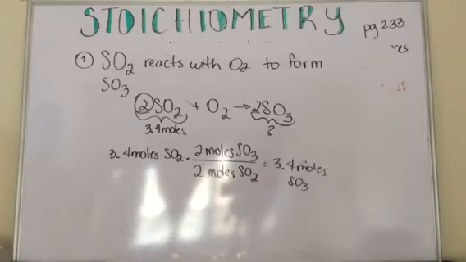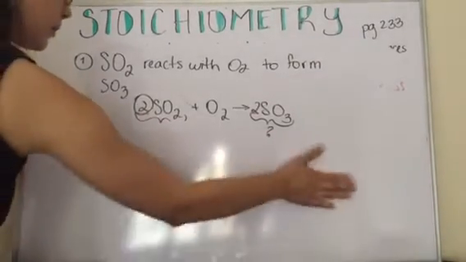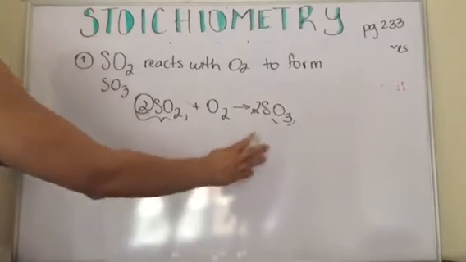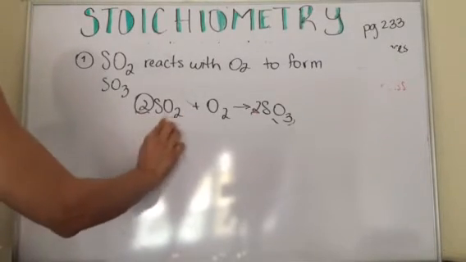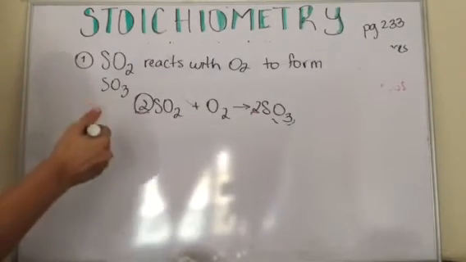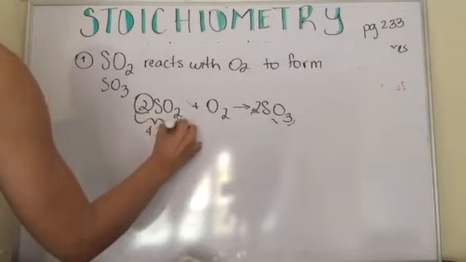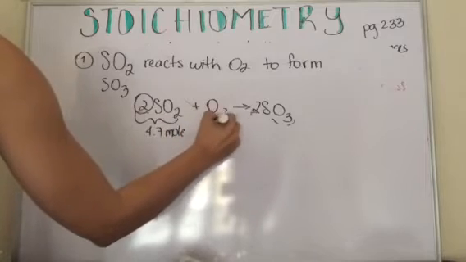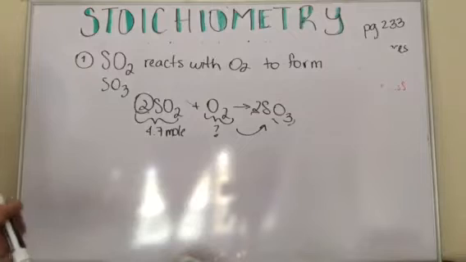All right. But let's make a different example, because this one gave me the exact same answer. So I'm going to make a different example with the same exercise. Let's figure that we have 4.7 moles of SO2. How many oxygens do I need to react to produce SO3? So I'm going to figure that out.